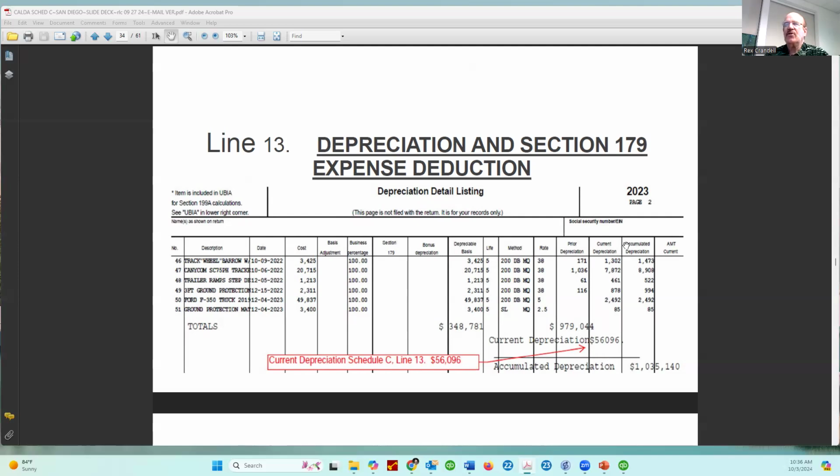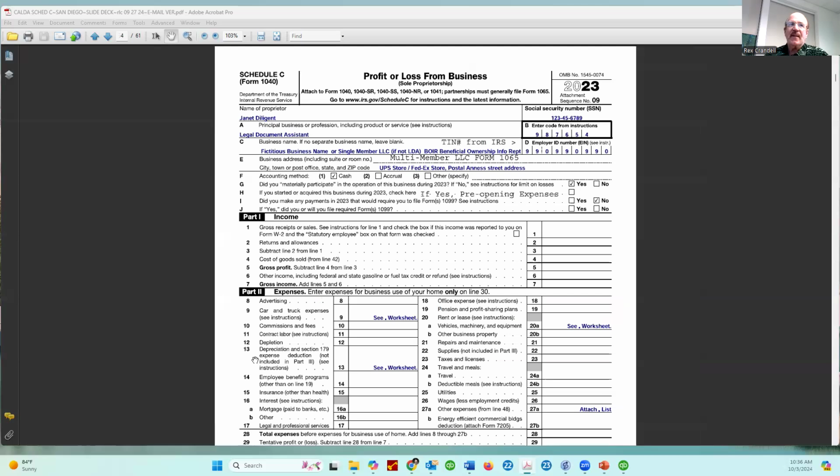Then we total the depreciation schedule for all the items we claimed as depreciation, and then we go back to the Schedule C and list on line 13 the total that we came up with for depreciation.